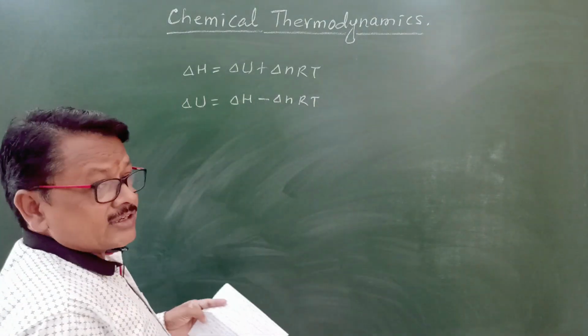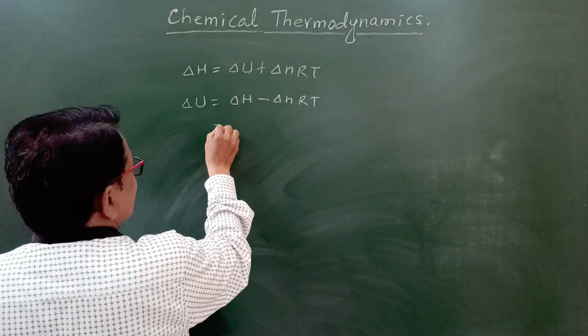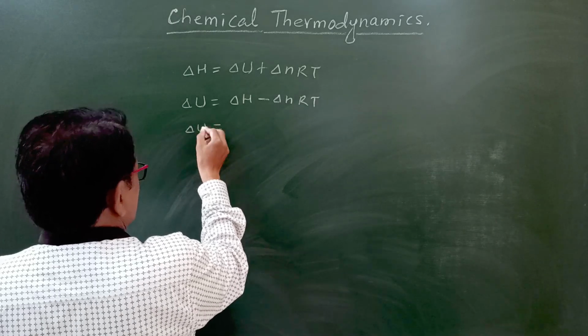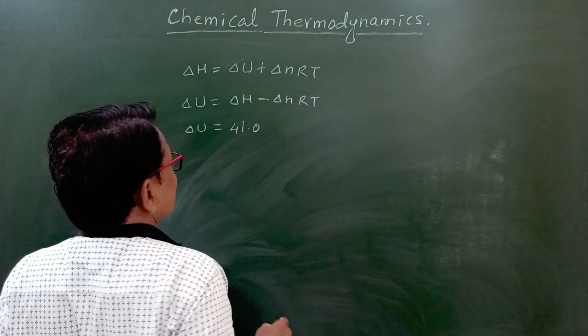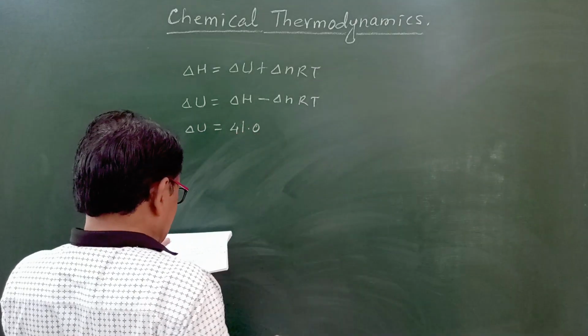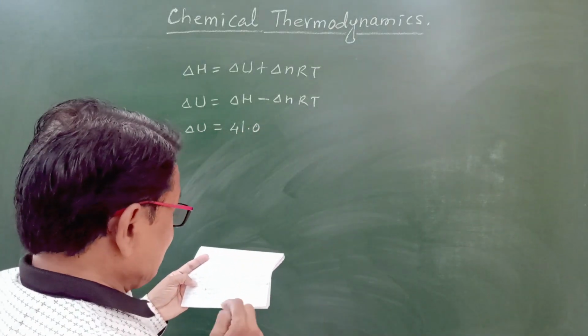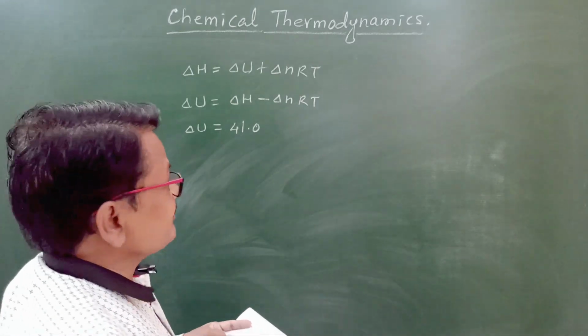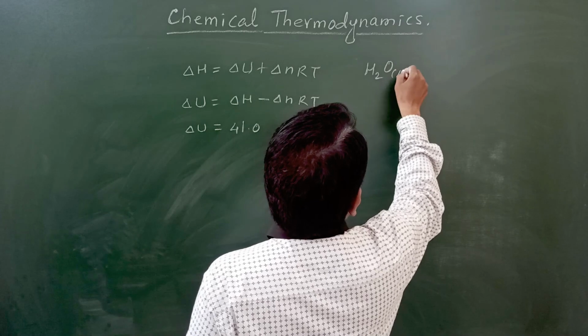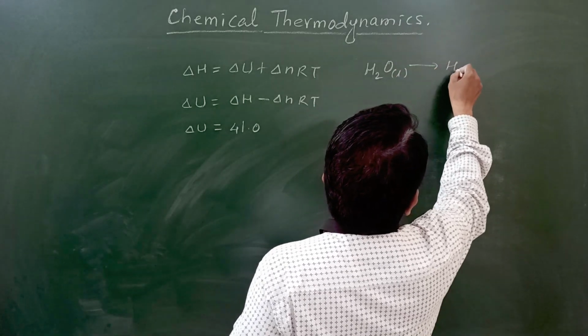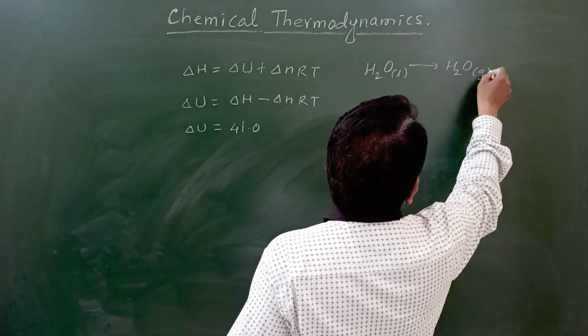Here delta H enthalpy change is given, so that is 41 kilojoule per mole. Here what is the delta n? Here you have to write a simple reaction. What is the reaction? H2O liquid gives H2O gas.